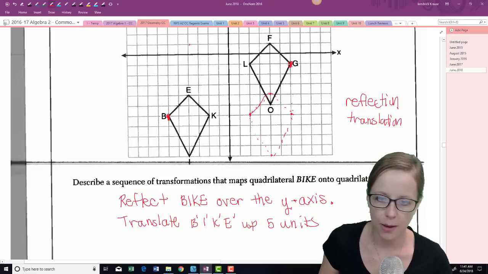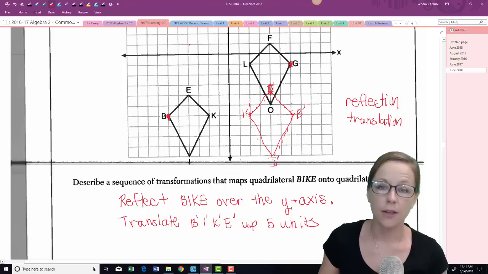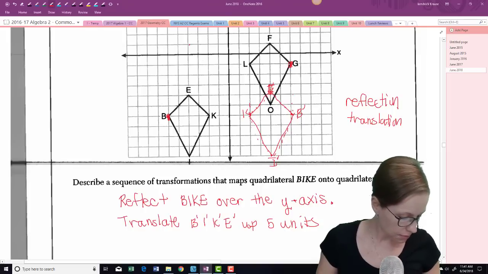And I would have my work on here because this is going to help me justify, right? So this would be B', I', K', E'. And then your work is shown there.